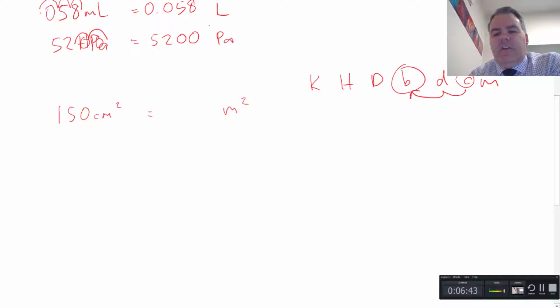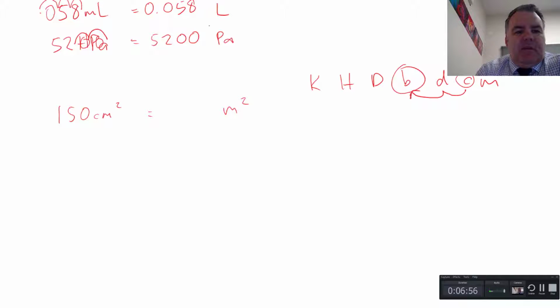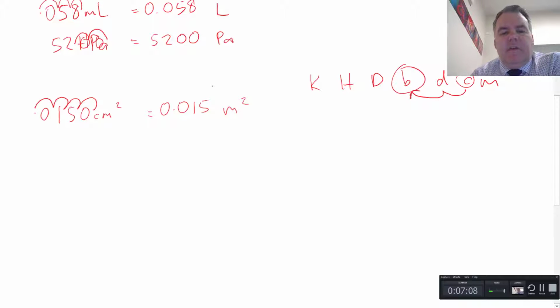Notice that if I just want to go from centimeters to meters, I've got to go back 2. If I want to go from centimeters squared to meters squared, I've just got to go back 2 twice because it's squared. So, in other words, I'd have to go back 1, 2, 3, 4. Add a 0 there, and there it is, 0.015 meters squared.